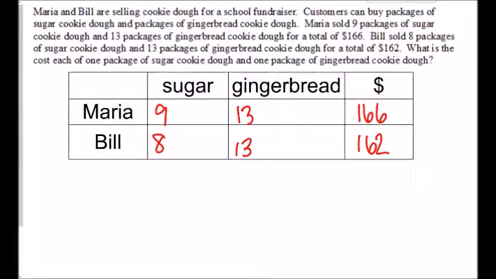So what is the cost of 1 package of sugar cookies and 1 package of gingerbread? So this is kind of our essential question here. That's going to help you define your variables.